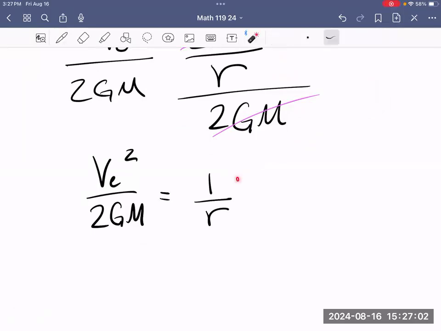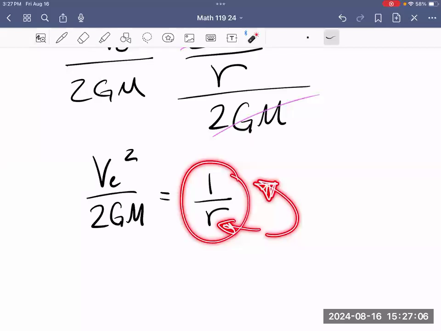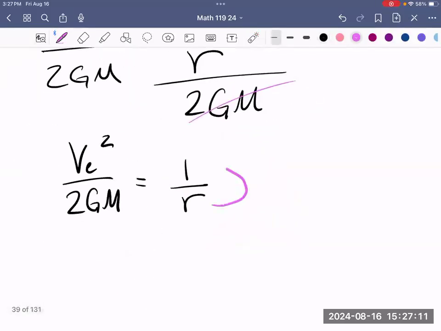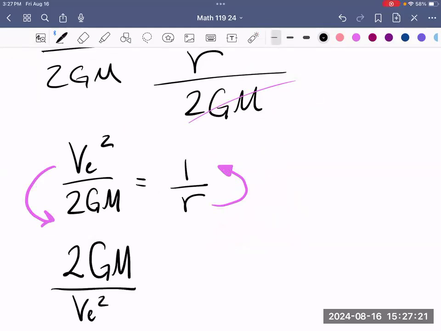You have R in the denominator and you need it in the numerator. So by changing its location, by flipping it up, we then flip this other side upside down. So you have 2GM over V E squared is equal to R. So this uses the reciprocal property or rule.